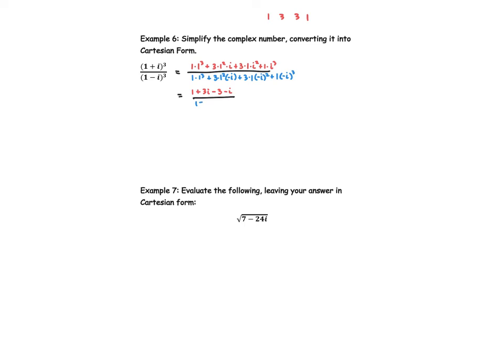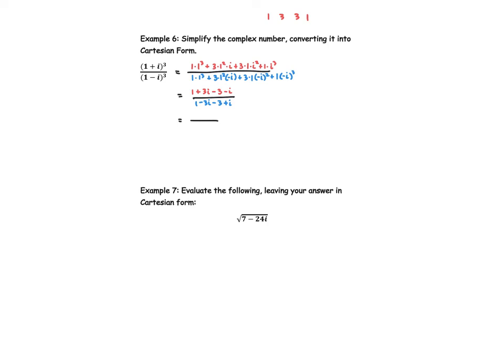We'll have a minus 3i. Third term in the denominator: negative i squared is i squared, which is negative 1, which will be negative 3. And the last term will be negative i cubed, which is the same as negative i, which is a positive i. Thus, in Cartesian form, let's see what we get here.